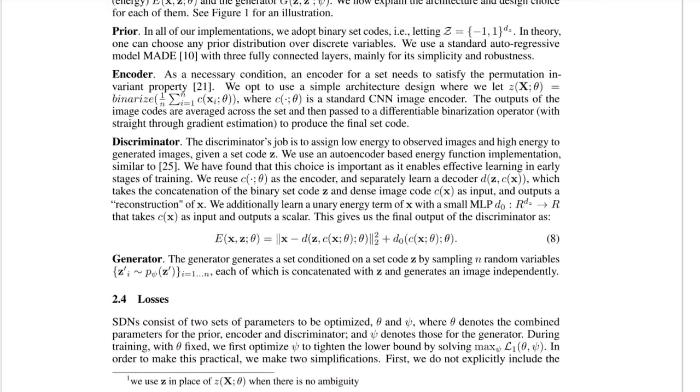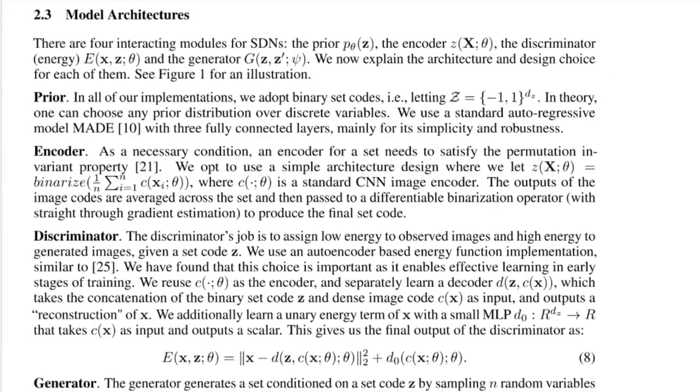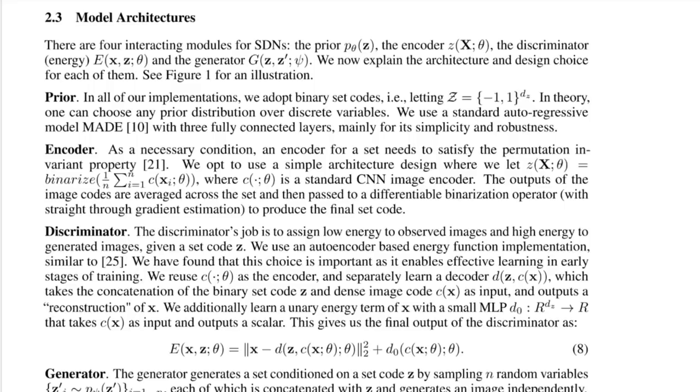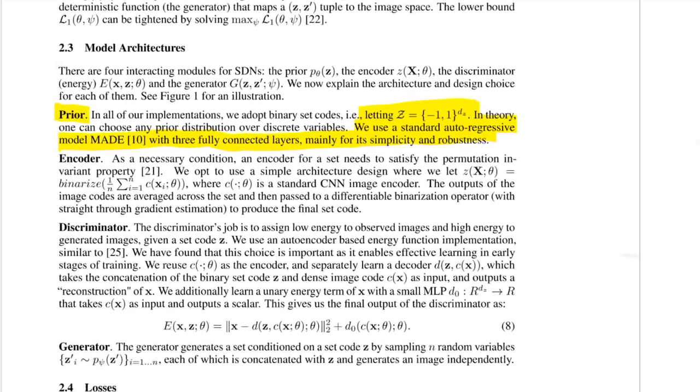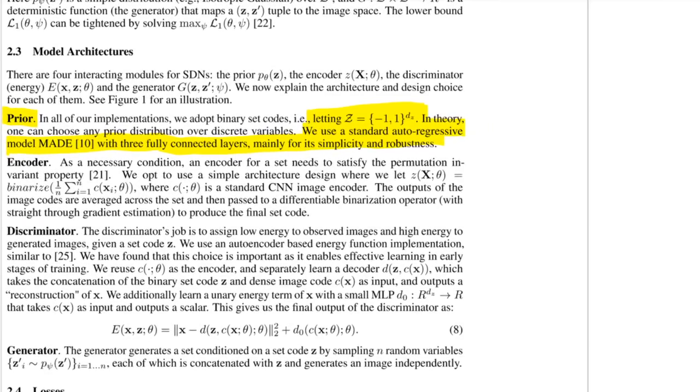Now, they have a model architecture right here, but this is all fairly standard, except for the prior, they learned the prior on the Z space. So you see you have Z being these binary vectors. They say we use a standard autoregressive model made with 3 fully connected layers, mainly for its simplicity and robustness. And so again, maybe it took me a while to get what this prior does.